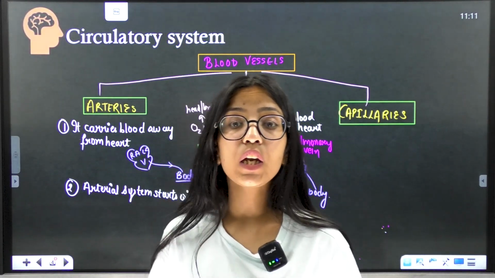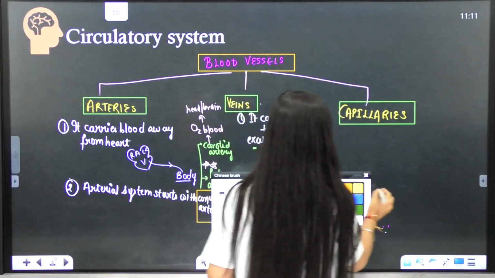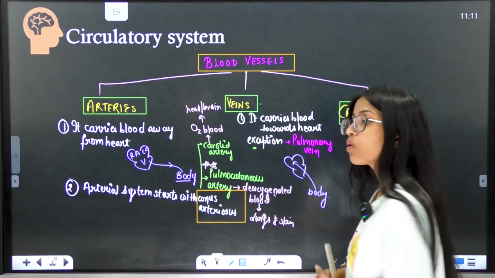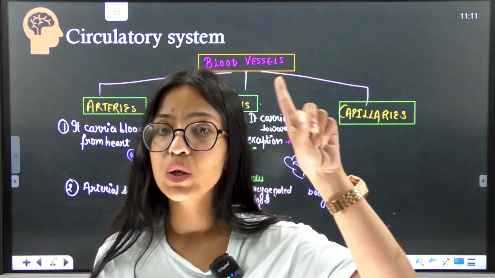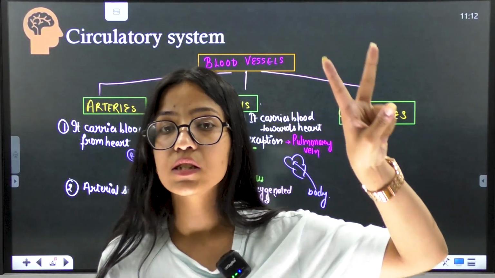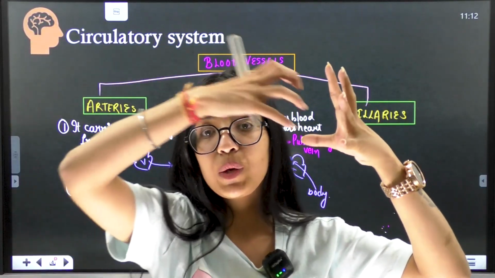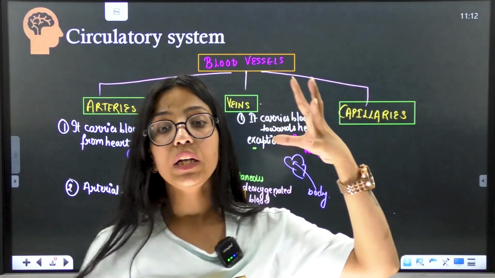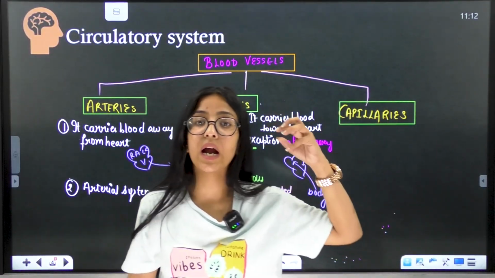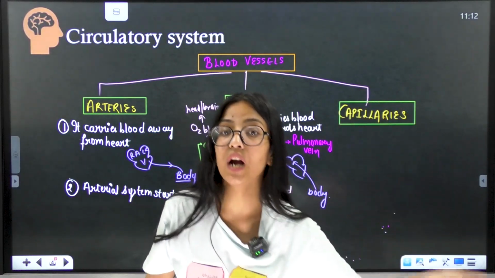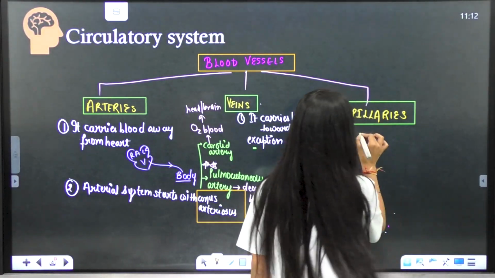Now what are capillaries? Capillary is thin walled network. And what is the role of capillaries? It helps in the exchange of nutrients, waste material and gases between blood and tissue. Clear? So what are capillaries?